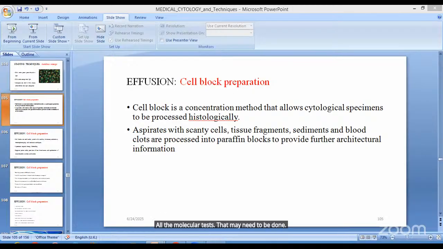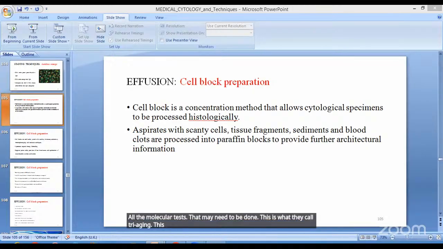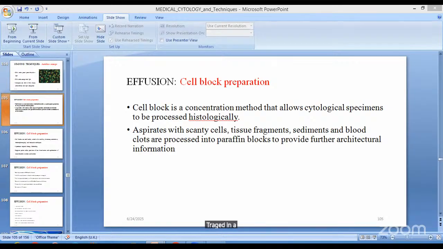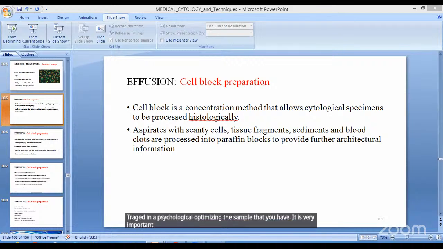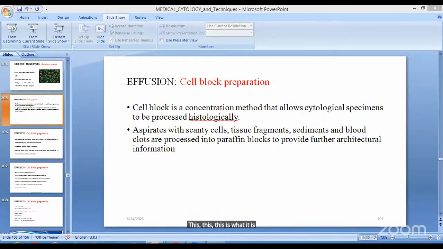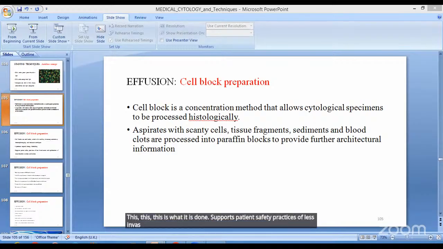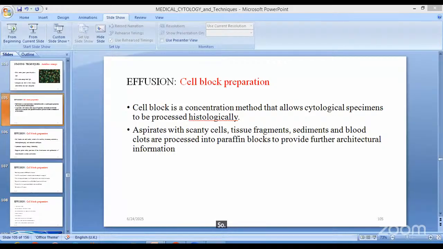This is what they call triaging. This one is called triage in a cytology test, optimizing the sample that you have. It is very important in targeted therapy and biobanking and precision medicine. It supports patient safety practices of less invasiveness and mobilization of lesser material, so more can be done. That's what cell block is useful for.